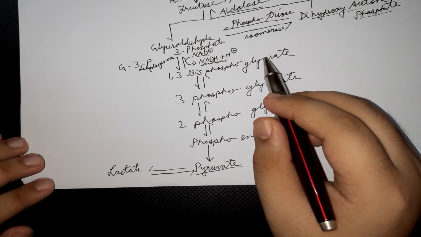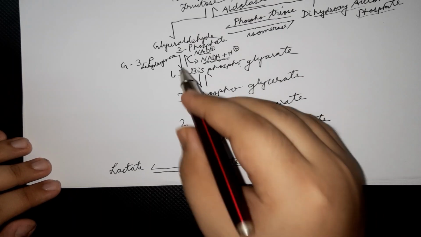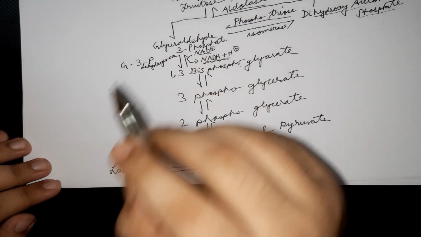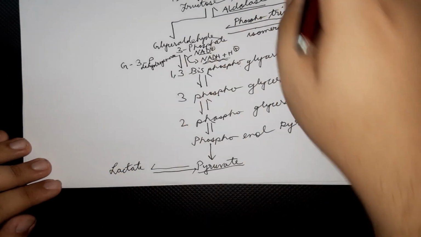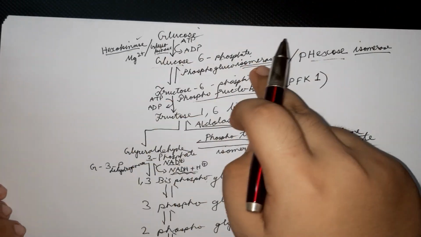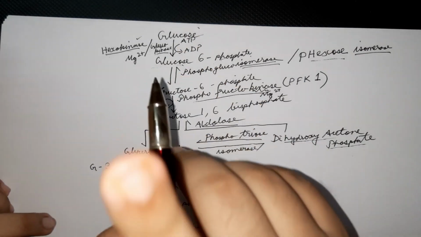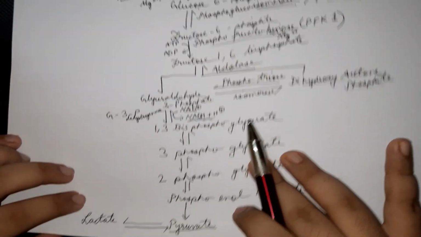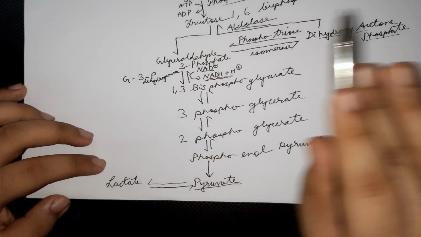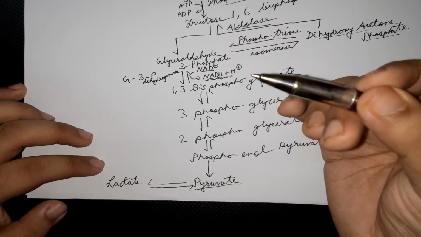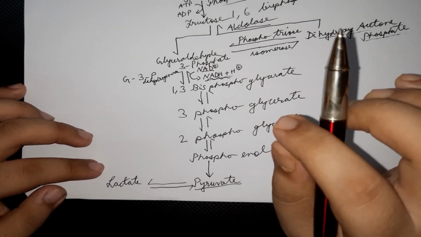So obviously, for glyceraldehyde 3-phosphate to 1,3-bisphosphoglycerate, we need a phosphate, right? Now for the other reactions where phosphate was needed, the phosphate was provided by ATP. But in this case, the phosphate will not be provided by ATP, but in the form of an inorganic phosphate itself.